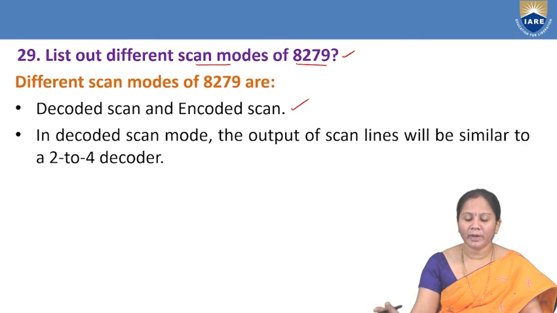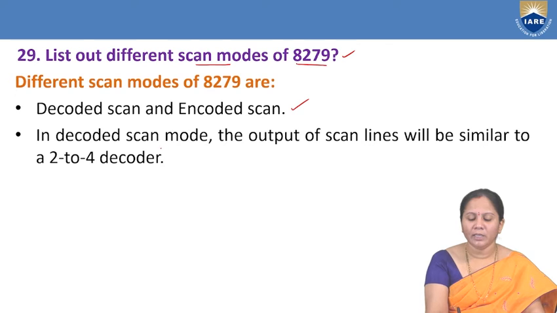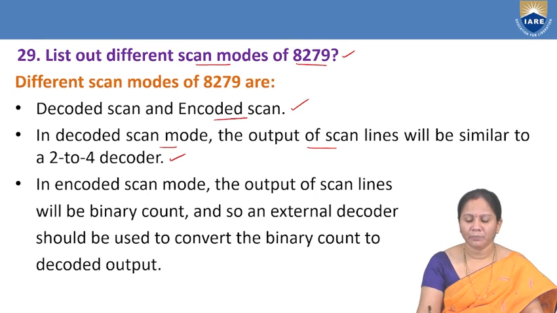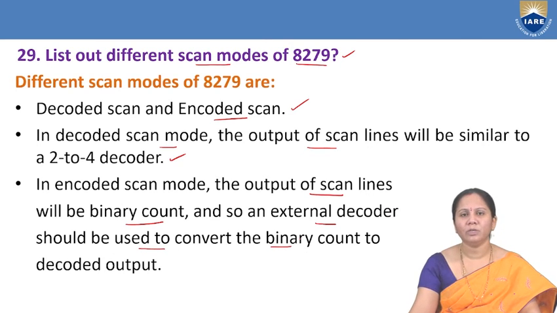In the decoded scan, the output of the scan lines will be the same as a 2 to 4 decoder, whereas in the encoded scan, the output of the scan lines will be a binary count, and so an external decoder should be used to convert the binary count to the decoded output.